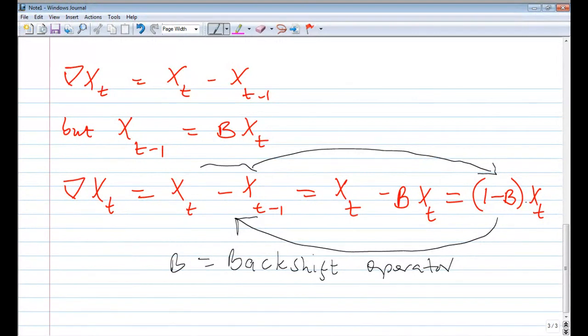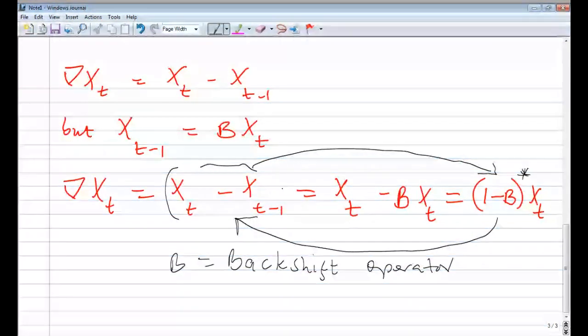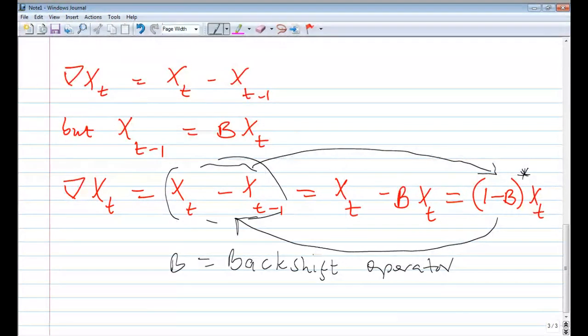But if you are given the backshift form and asked to write it in the form of xt minus xt minus 1, you go back and produce that. From backshift operator you can go to the normal, and from normal you can go to the backshift operator.